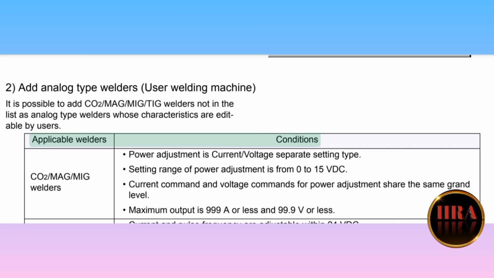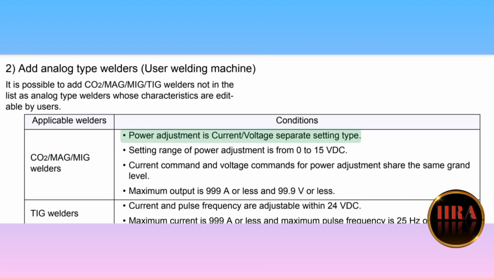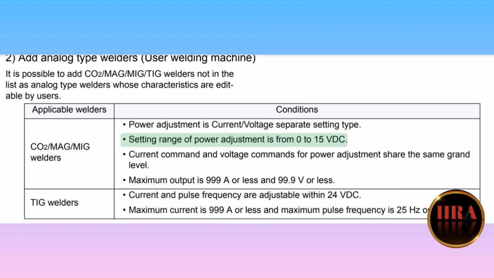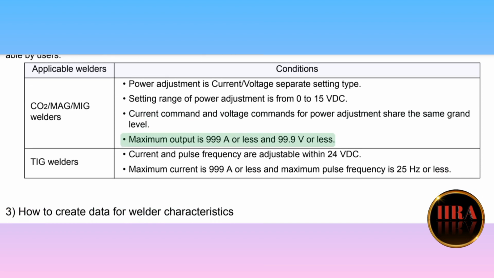Applicable welders conditions. CO2, MAG, MIG welders: power adjustment is current, voltage separate setting type. Setting range of power adjustment is from 0 to 15 VDC. Current command and voltage command for power adjustment share the same ground level. Maximum output is 999A or less and 99.9 volts or less.